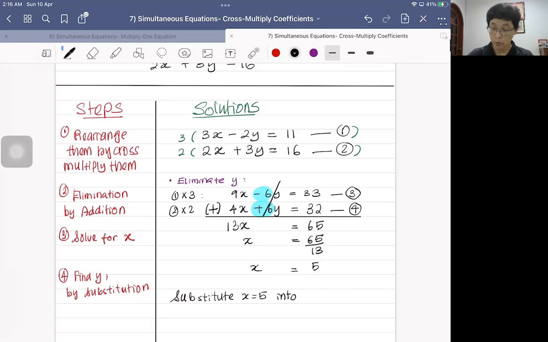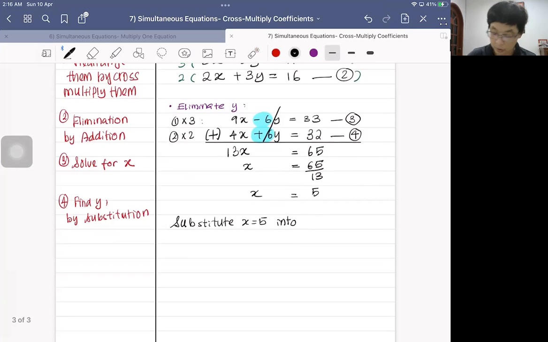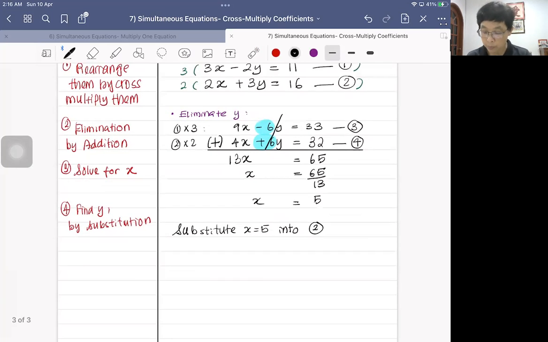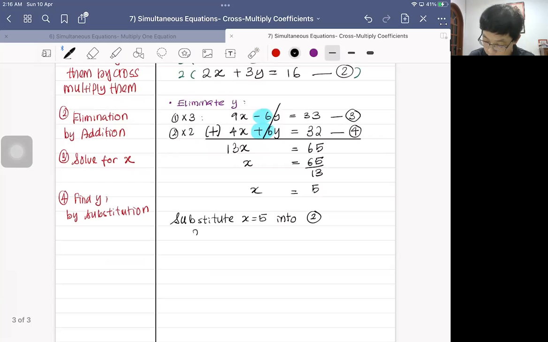But as my usual practice, I don't like to deal with a minus y. I want to see a positive y. So I'm going to choose equation 2. Now I'm going to substitute that into equation 2. You're going to have 2, and you notice I open a bracket because that is the place where x is. This is where you take the 5 and put it in there.